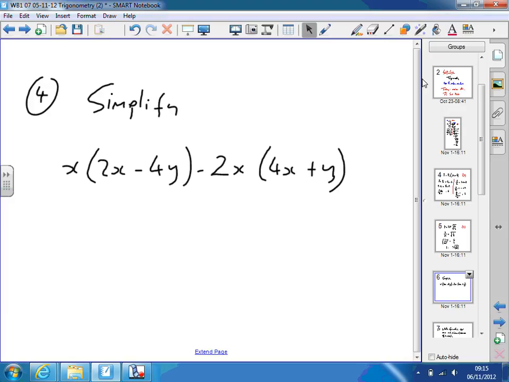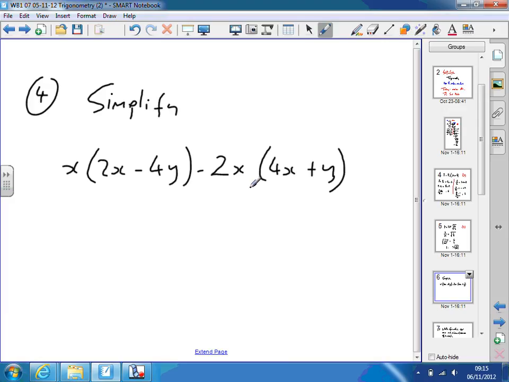To multiply out the brackets, what that means is I'm going to multiply every term inside this bracket by x, and then I'm going to multiply every term in this bracket by minus 2x. And that minus 2x has got a consequence, so we have to be careful with that one. And then we put them together. So let's have a look. So here's the first bracket first.